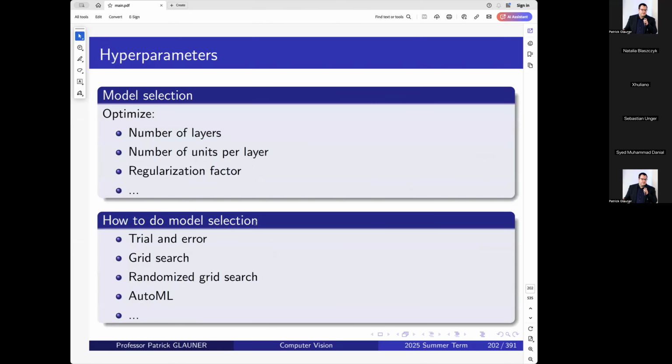There is another joke about how to do the model selection. So model selection means finding the hyperparameters. There are other approaches to model selection. One joke is graduate student optimization. A graduate student in American English means a student doing PhD studies and working towards a doctorate.